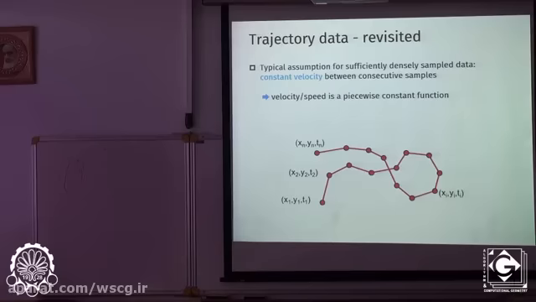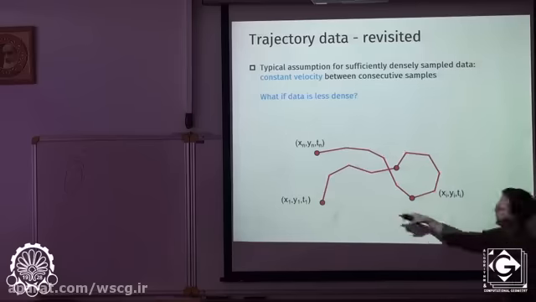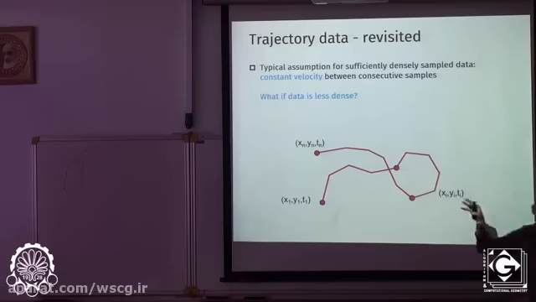Now, think of a setting where we have fewer data points. So all of these data points are missing. We can still do straight line segments between the data points that we have, but the fewer data we record, the more unrealistic this assumption of linear motion will be.